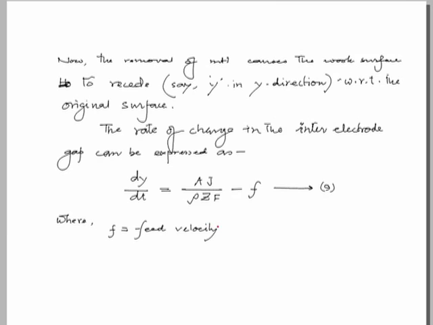Since this is a relative velocity, one will move opposite to the other with respect to the other. Therefore, f is the feed velocity of the electrode, which is nothing but the feed generally given to the tool or either way, but it is calculated normal to the work surface.